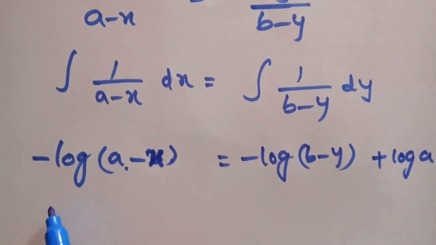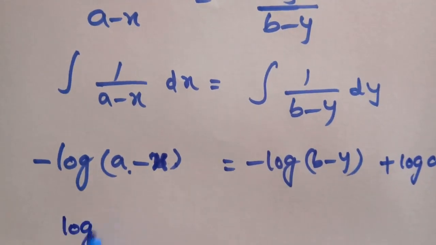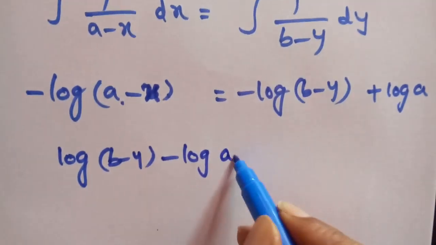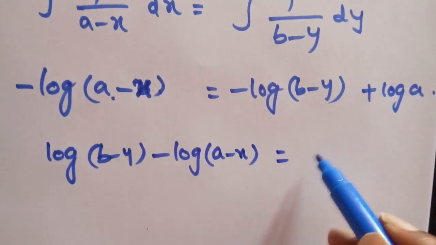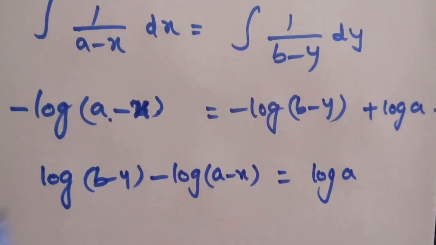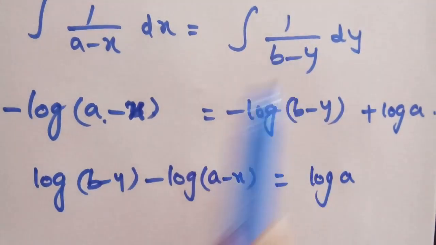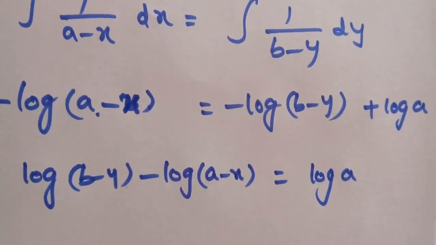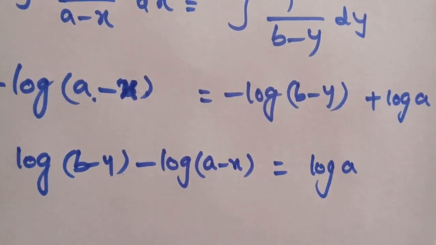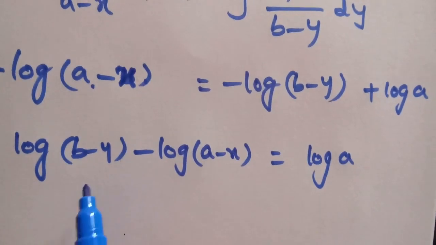Therefore, this can be written as log of b minus y minus log of a minus x is equal to log of a. Integration of 1 by a minus x is log of a minus x, with coefficient of x being minus, so minus log of a minus x. And 1 by b minus y integrated with respect to y gives log of b minus y.